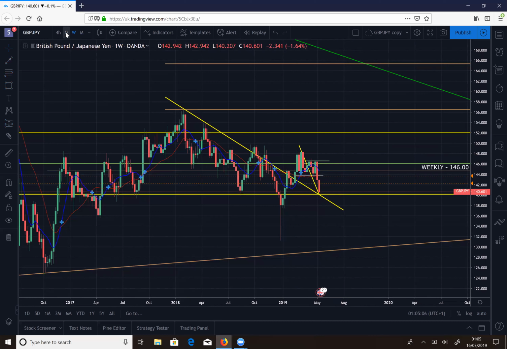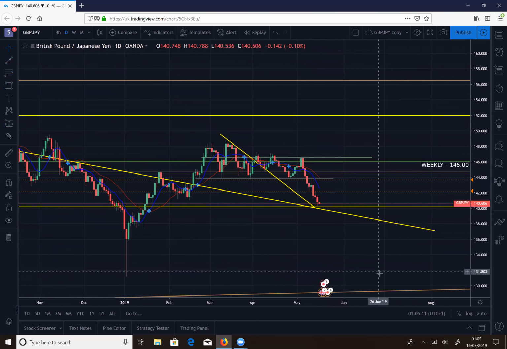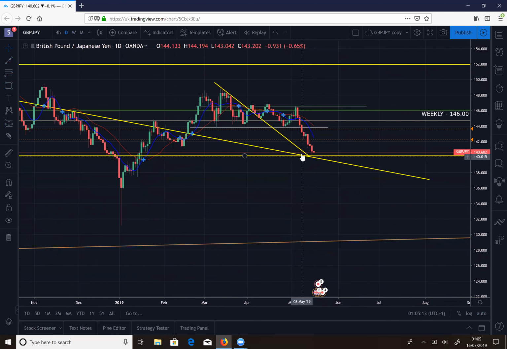Go down to the daily now. Okay, so you can see on the daily, we spiked 140.28. I closed out at 140.30, and we're kind of making our way back down. We've got a convergence of supports here.